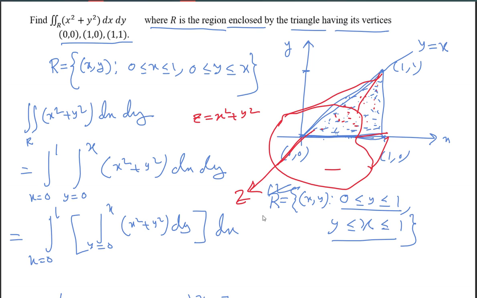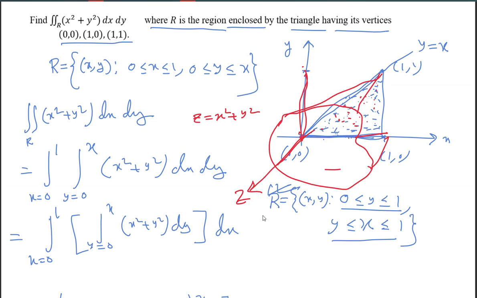Sir, how did we get that x is greater than y and less than 1 in the second part? Here we have written below the diagram that y is between 0 to 1 and x is between y to 1. If you go from 0 to 1 over the y-axis, you have to represent this area.